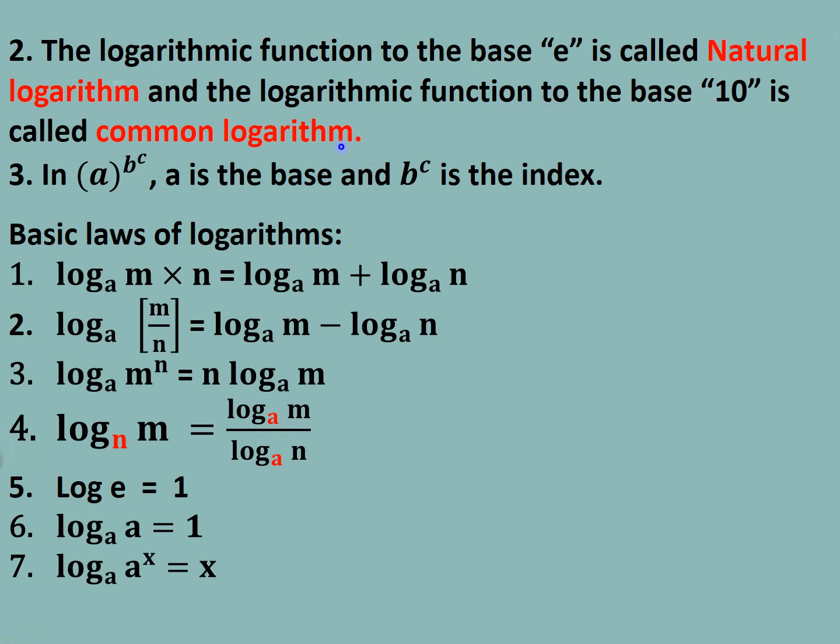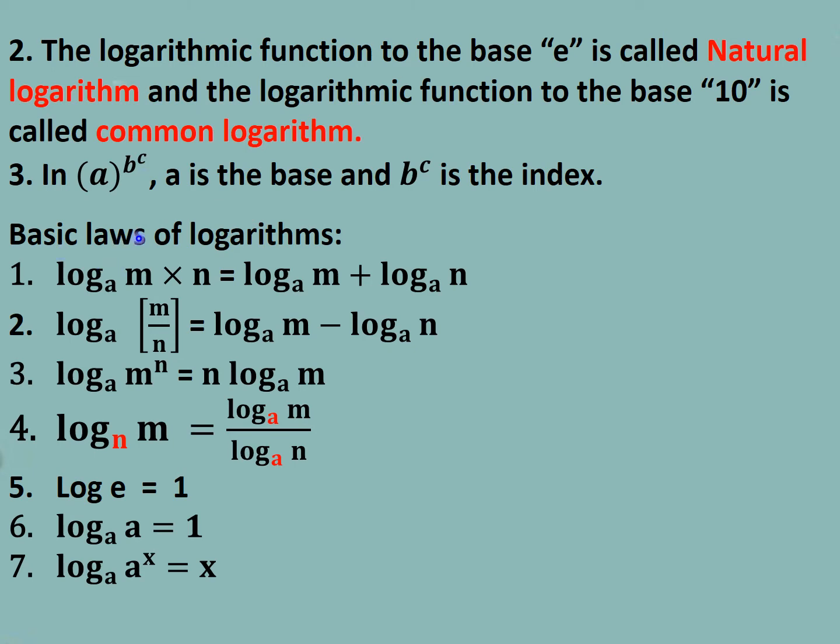These are the particular cases of logarithm. Now, in this exercise, if the function is given in this form, that is a raised to b raised to c, then we will consider only a as the base and b raised to c as the index. Not like a raised to b will be the base and c will be the exponent. We have to consider only a as the base and b raised to c as the index.